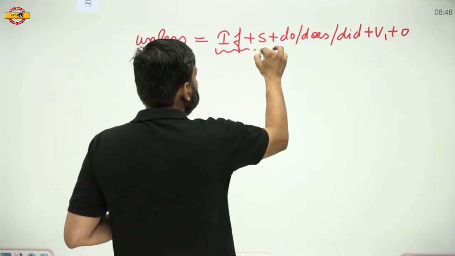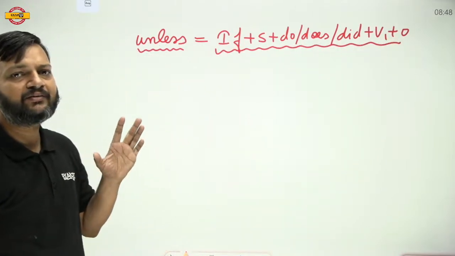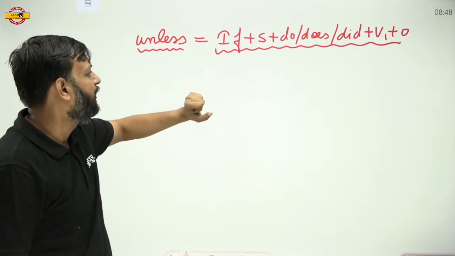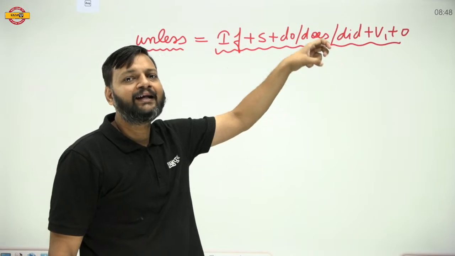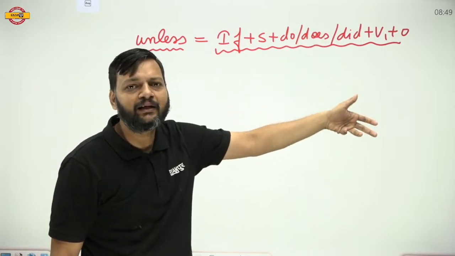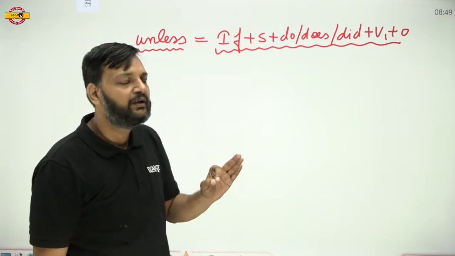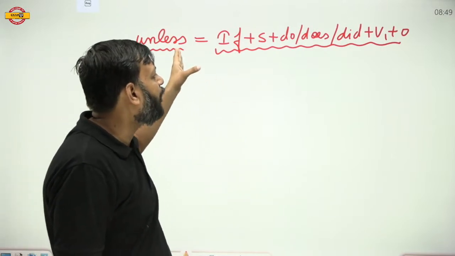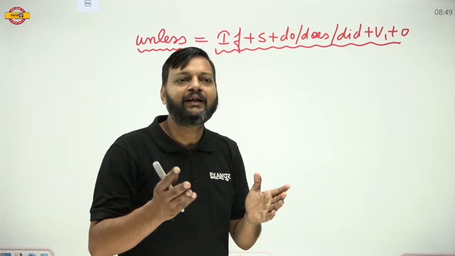Just try to change unless into this. If you replace unless with the if clause and it still gives a meaning, it means unless is absolutely correct. And if the word unless cannot be changed into an if clause, it means the use of unless is wrong.